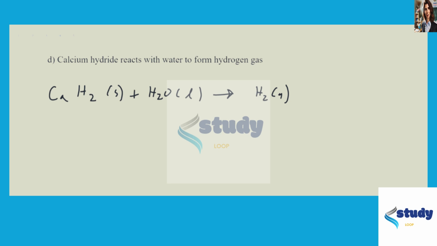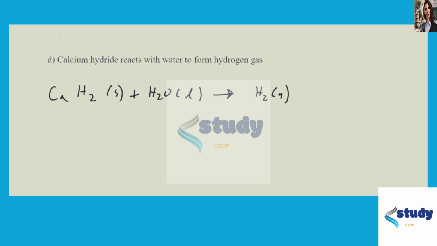This is very analogous to the equation 22.15 in this chapter as well. But we've got calcium hydride reacting with water to form hydrogen gas. What we would expect to see here then is that we're going to see some form of water being oxidized from -1 up to the 0 oxidation state.